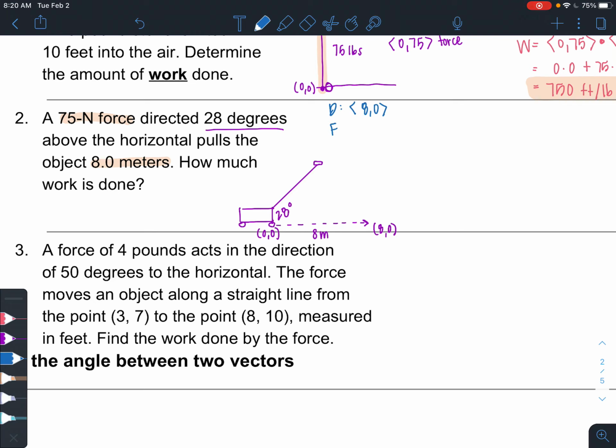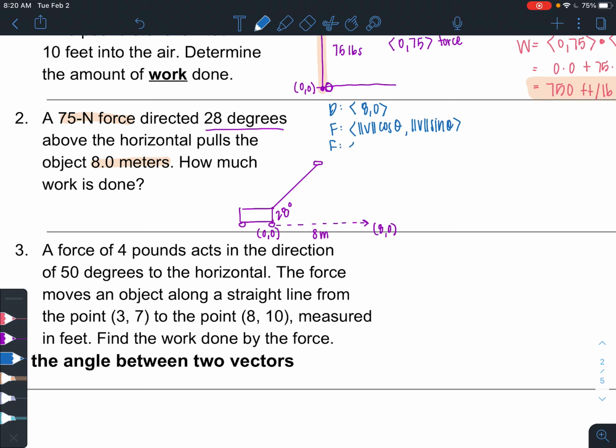Then our force vector is a little bit harder and a throwback to last chapter. F is equal to the magnitude of V cosine theta, magnitude of V sine theta.